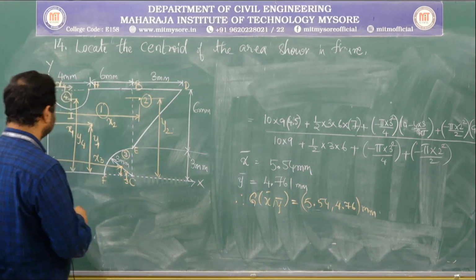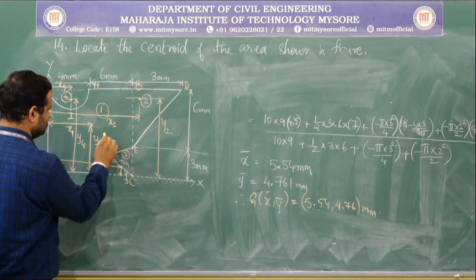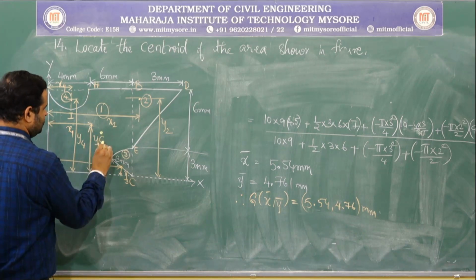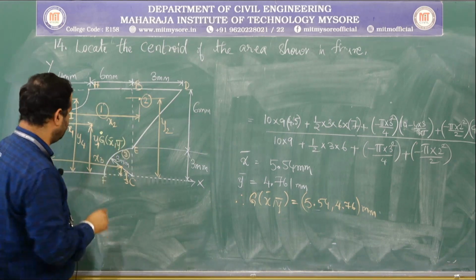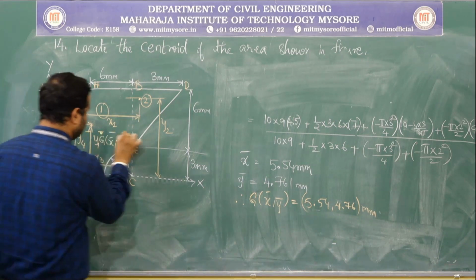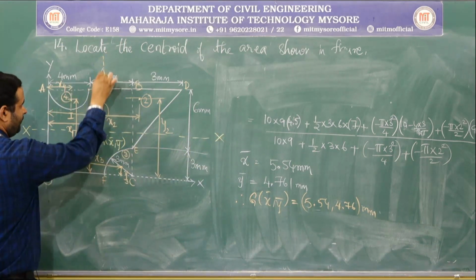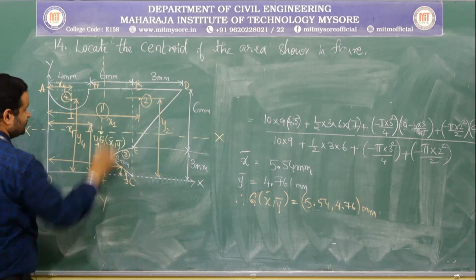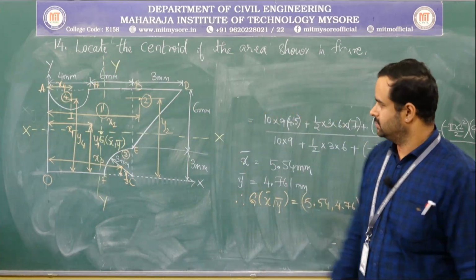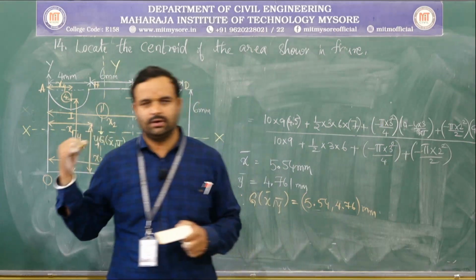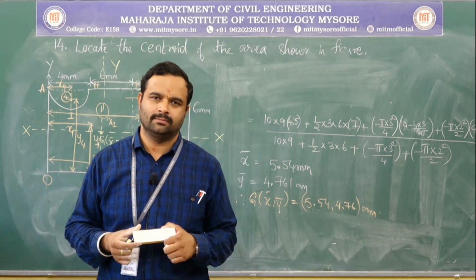So, x is 5.54, y is 4.76. So, here. This shall be the centroid of the entire lamina, that is G of x bar comma y bar. This is nothing but the centroidal axis XX, and this shall be the centroidal axis YY. I hope you have understood. Locate the centroid in the given figure. This completes the problem. Okay.